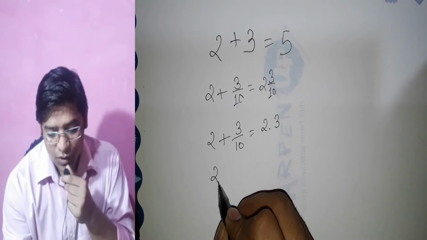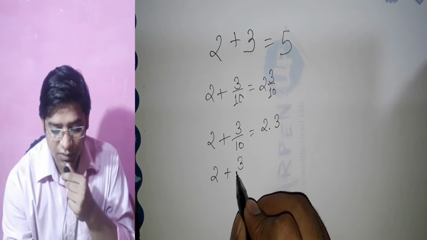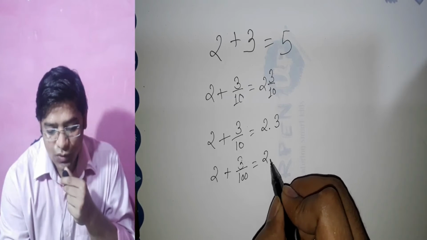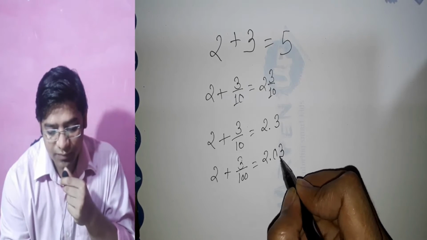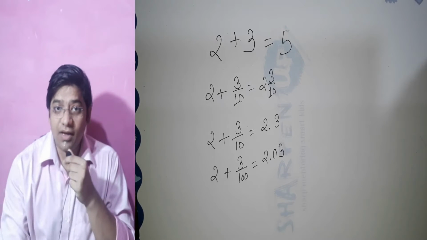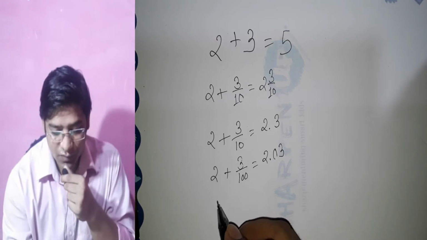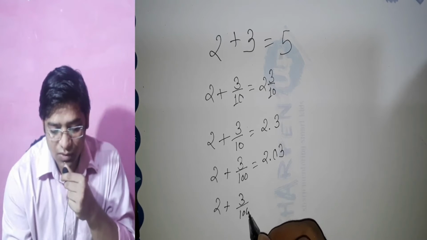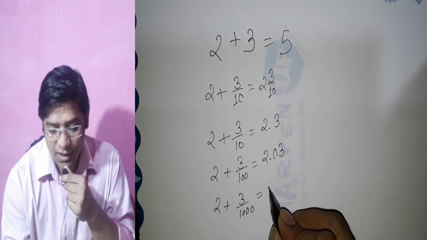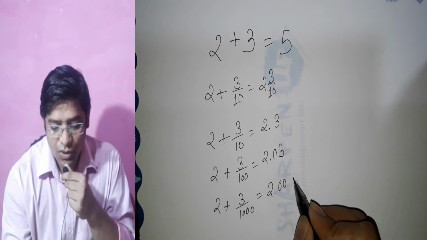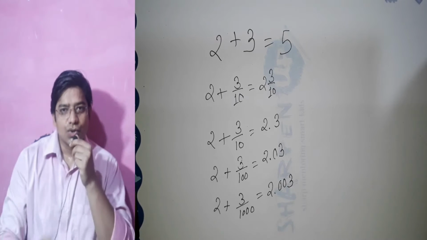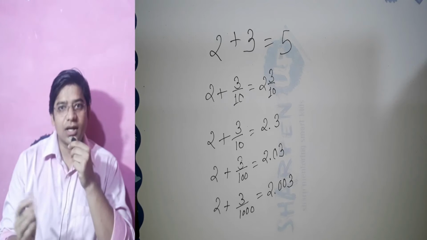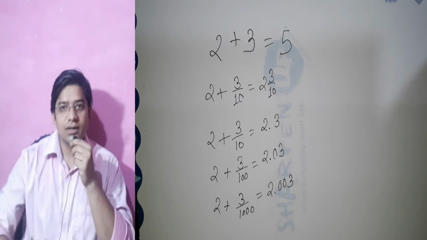So I can write 2 plus 3 upon 100, and it can be written as 2.03. If I have 1000 in my denominator, then it is 3 upon 1000, and it can be written as 2.003. So what we see here is that this fraction can be written by using a point.